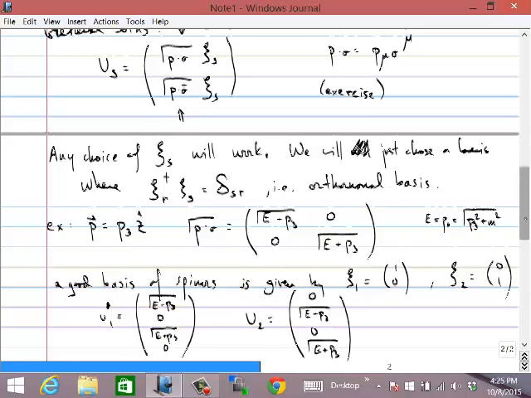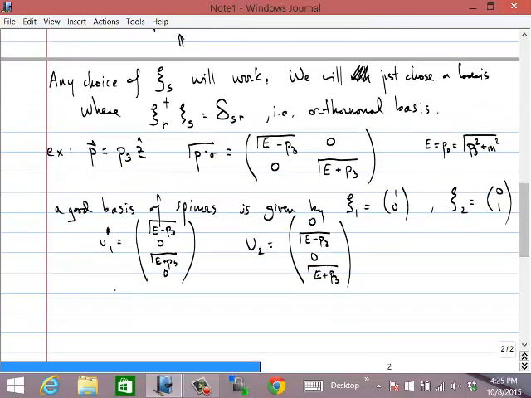And so the first of these is a spinor which has spin up, spin pointing in this plus z direction, and this guy would describe a particle which has spin pointing in the minus z direction.